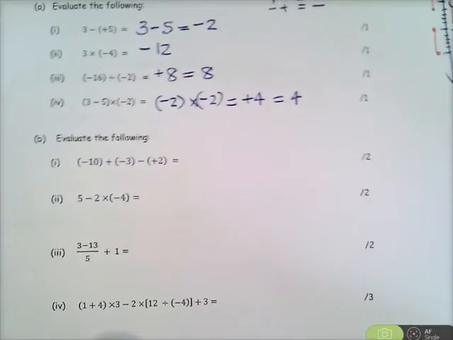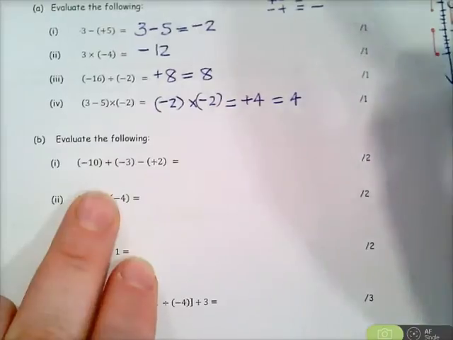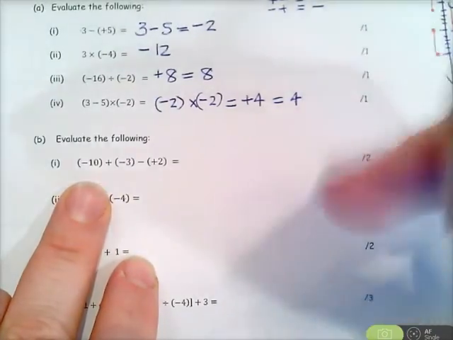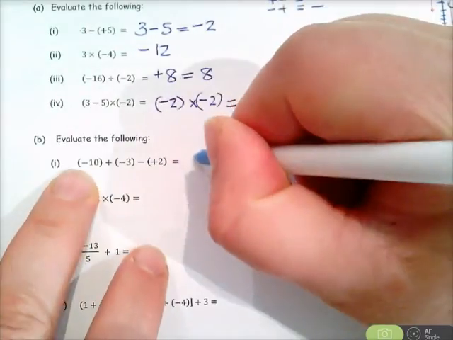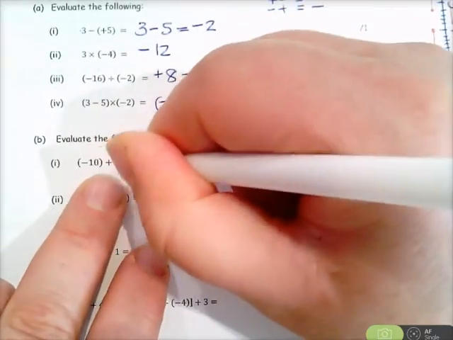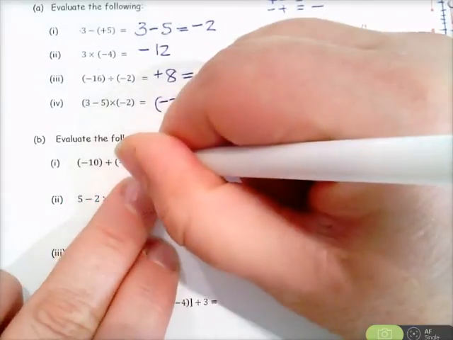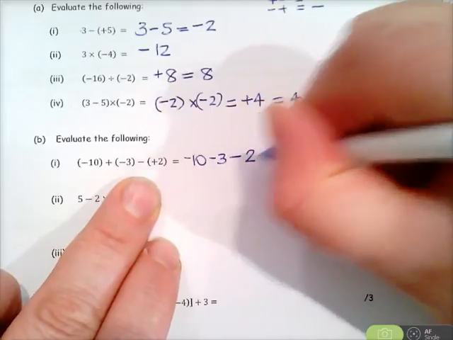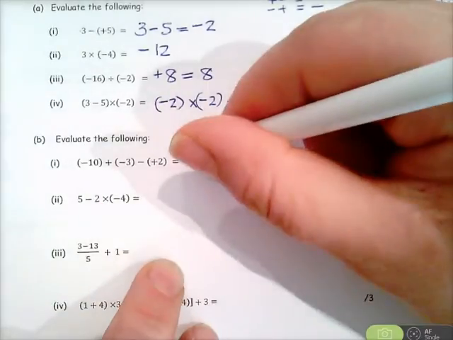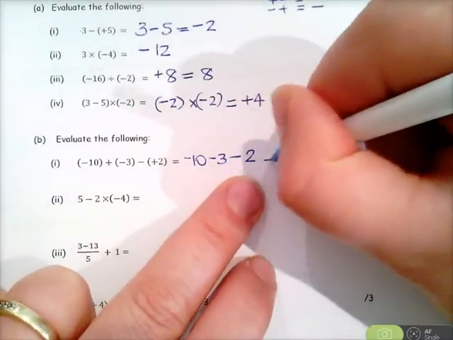Okay, now for part B, working these out. Remember, I don't need the two signs. So I've got -10 plus -3, just means take away 3, minus +2, a minus and a plus gives a minus. So my question becomes this: -10, take away 3, take away 2.